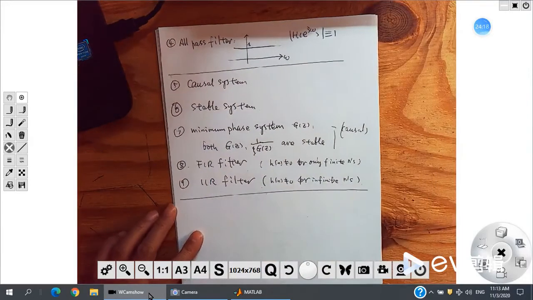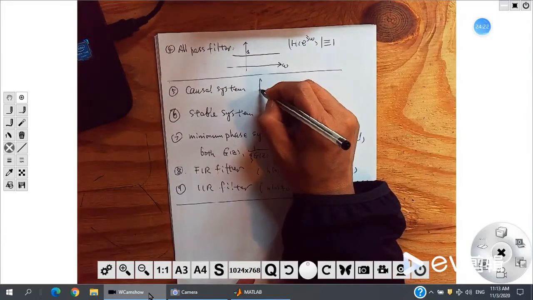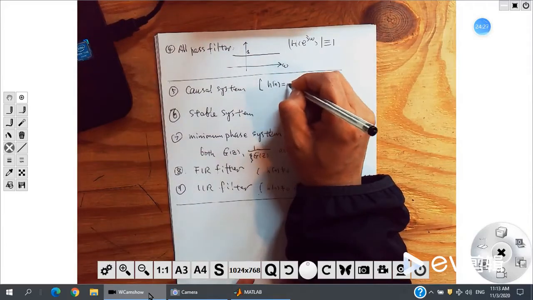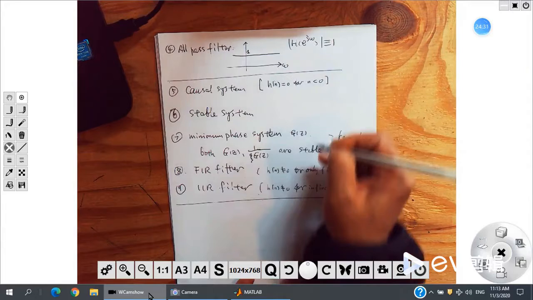Something we already know, like the causal system. What is a causal system? We can describe a causal system by the feature h of n equal to 0 for n negative, right? So that is a causal system.